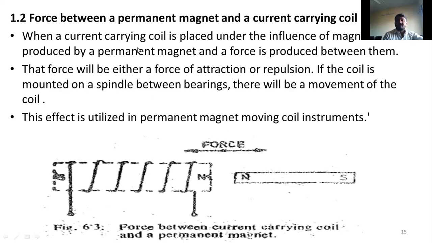When a current carrying coil is placed under the influence of the magnetic field produced by a permanent magnet, a force is produced between them, either attraction or repulsion, based on the poles. This effect is utilized in the permanent magnet moving coil instrument.